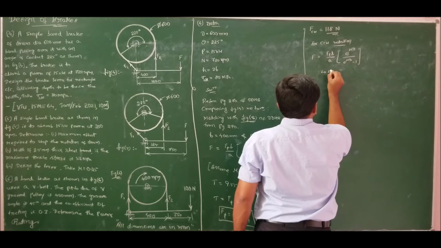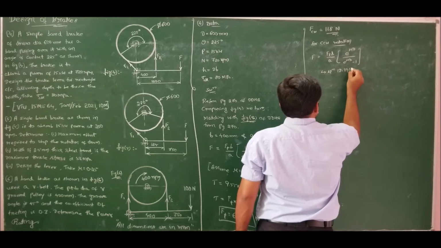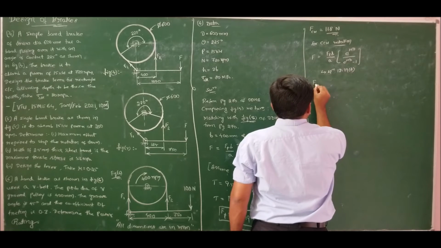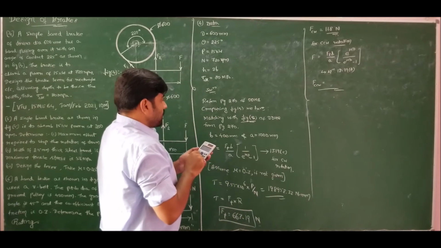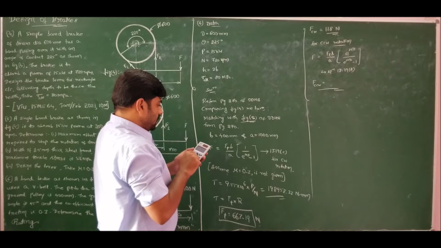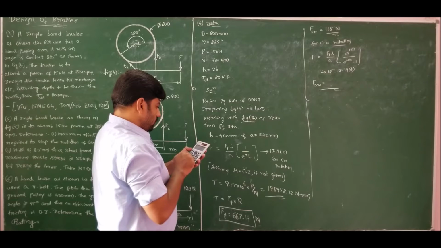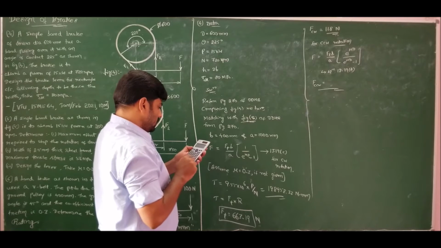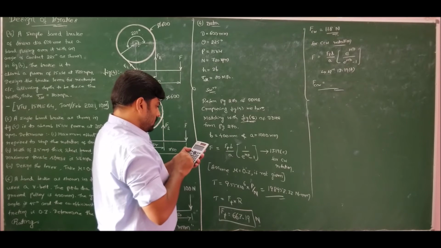This is equation 13.19 D. So therefore, actuating force for counterclockwise rotation will become, I just should add e to the power of mu theta in the numerator. e to the power of mu is 0.3, theta should be in radians, that is 225 into pi by 180.